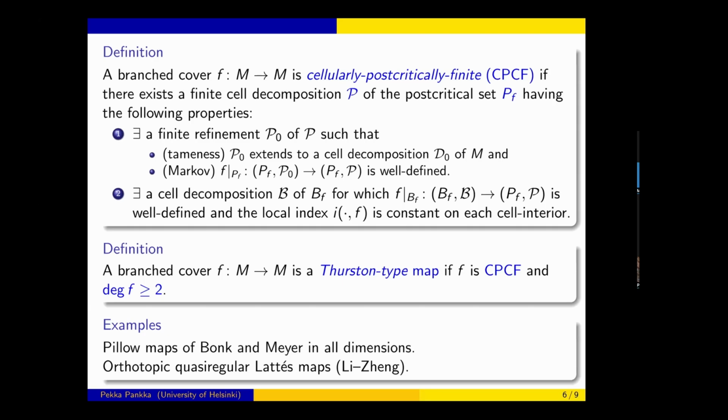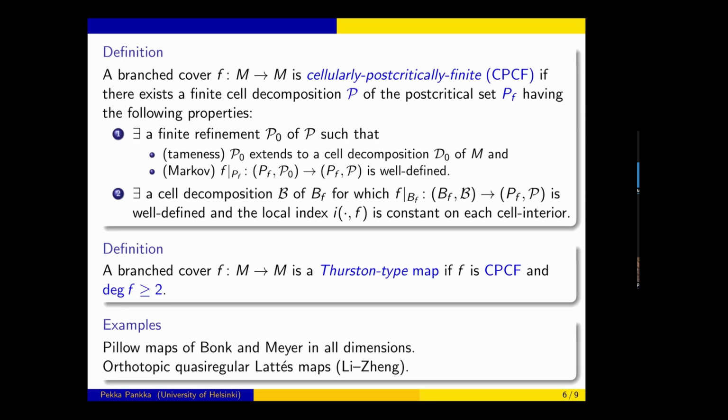The cell decomposition, this script P naught, is a codimension 2 cell decomposition in the space, but we want it to be realized as the n-2 skeleton of a cell decomposition of the whole space. So we want the things to be standard from the point of view of the whole space. This is the upshot of the first condition.